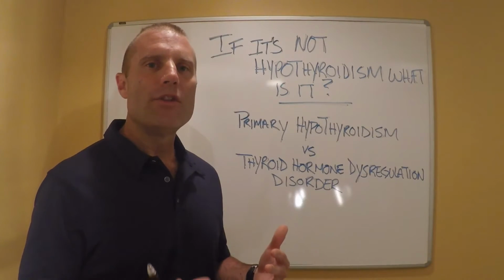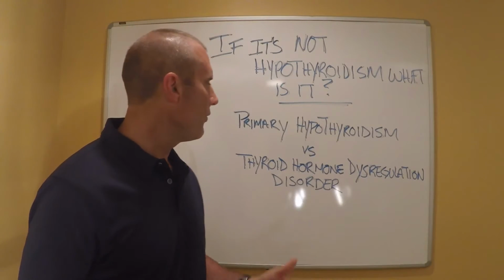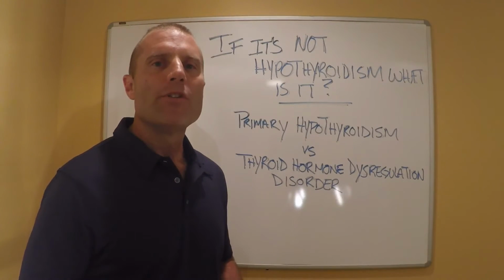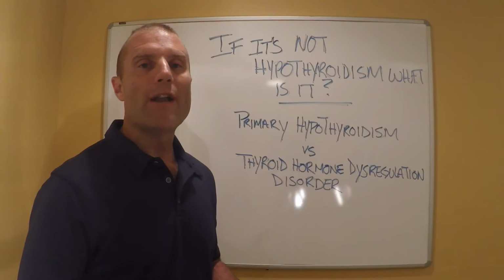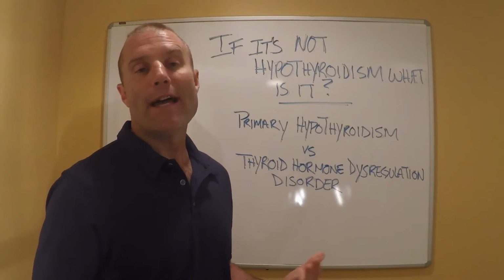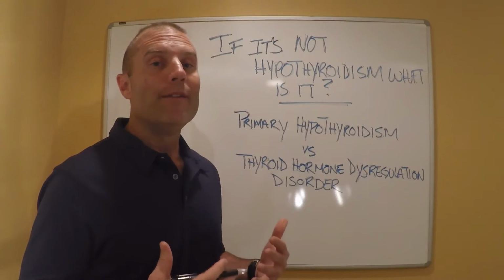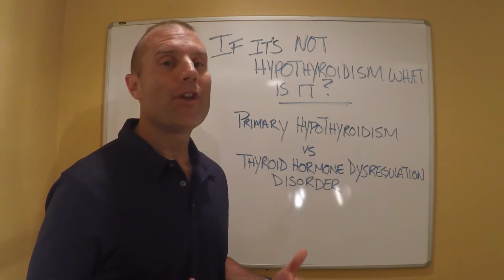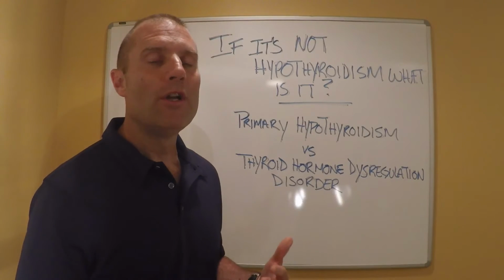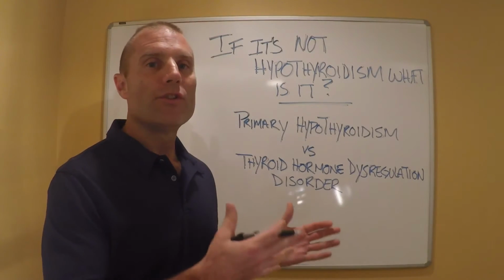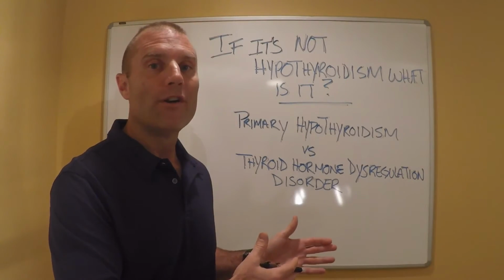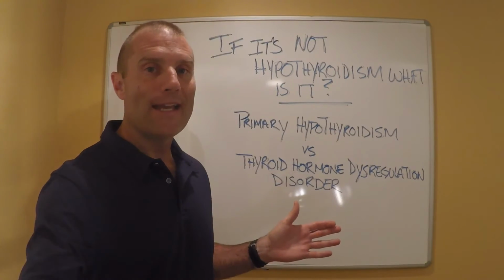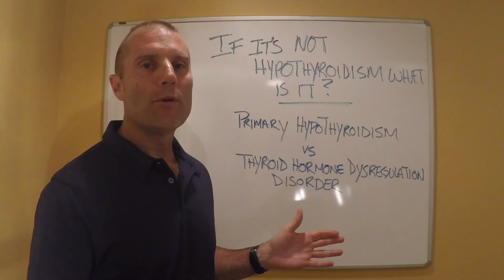So I think this new term that I've come up with, thyroid hormone dysregulation disorder, just explains it. There's a dysregulation in your thyroid physiology, and that's what's wrong with you. So simply put, yes, I don't have primary hypothyroidism, but I have a thyroid hormone dysregulation disorder, which simply means that somewhere between T4 being made and T3 binding to the receptors and getting into the cells, there's one or more problems.